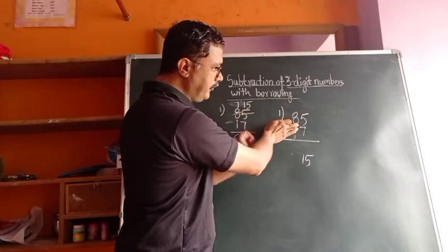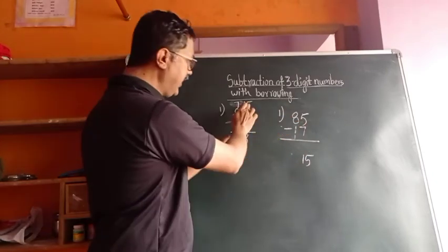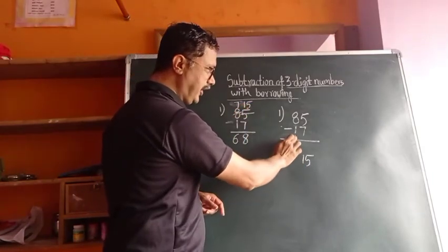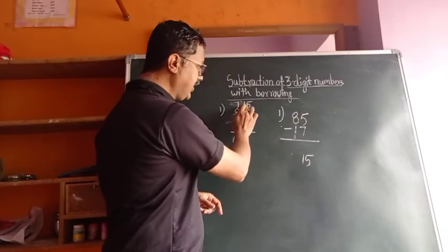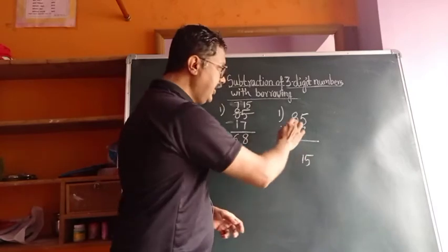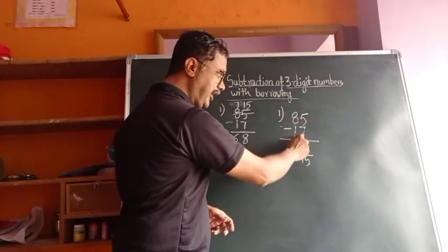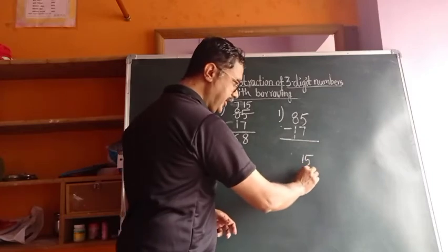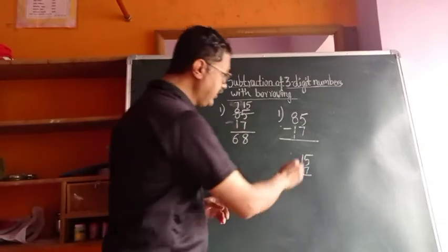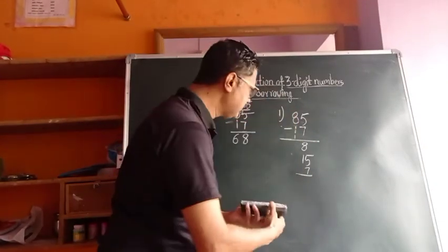Not this one, the downside 1. 1 and 5 means 15. Here also we wrote 15. Yes or no? 15 minus 7 means again 8.